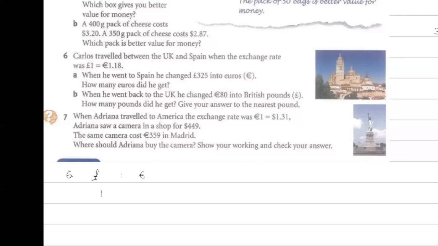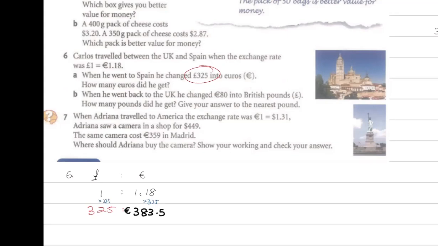The equation that you have is 1:1.18. So on the pound side, now we need to calculate the euro. So just multiply by 325 here, multiply by 325 because we need to be fair. 1.18 times 325. You will get 383.05 euros.